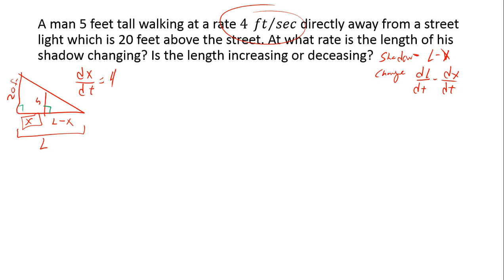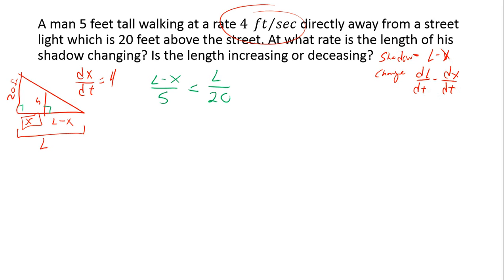And since they are proportional, we can set up a proportion to find them. So the first one we're going to set up would be L minus x all over 5, or the length of the shadow over the height of the man, is equal to the length from the light post to the end of his shadow all over the height of the light post, which is 20.